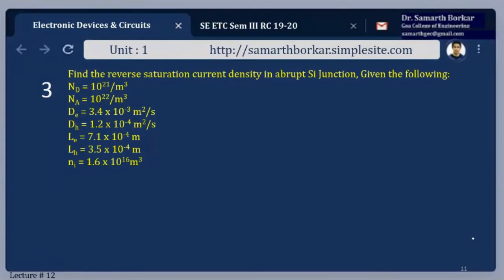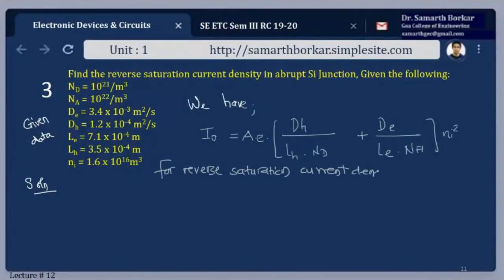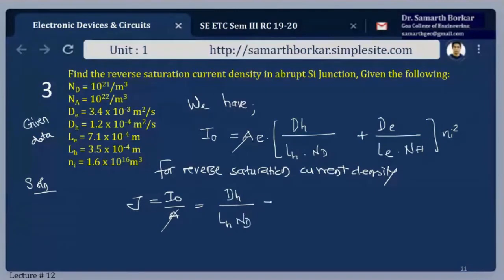So this is the given data. Solution. So let me write this as the given data as well. Okay. So if you recollect, we have the equation for current density, which we write as J equals I naught by A. So this A and A get cancelled, and what we get is D_H, L_H, N_D plus D_E, L_E, N_A.